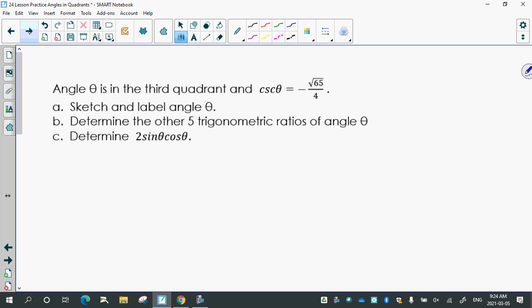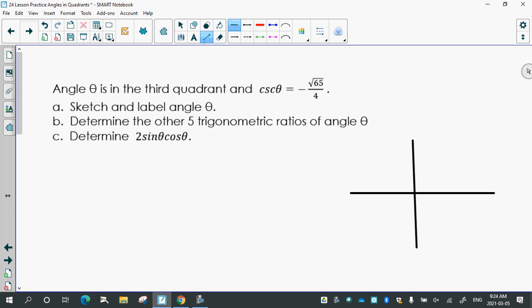Start off with a diagram. Third quadrant is this quadrant.